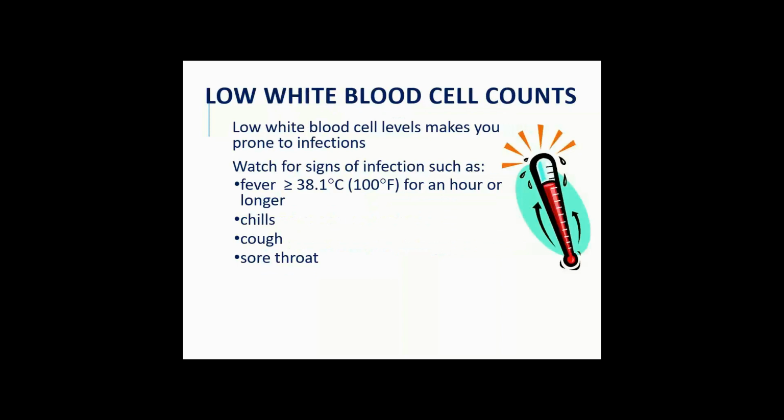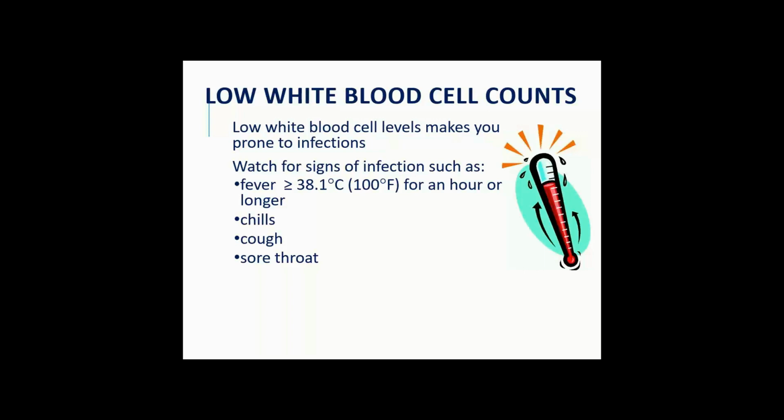So white blood cell counts, we monitor them frequently. If the white blood cell count's too low, then you're predisposed to having infections. Particularly if you have a fever greater than 38.1 degrees or 100 degrees for over an hour, you should let us know, because typically we'll give you antibiotics or send you to the ER, the closest ER if possible.